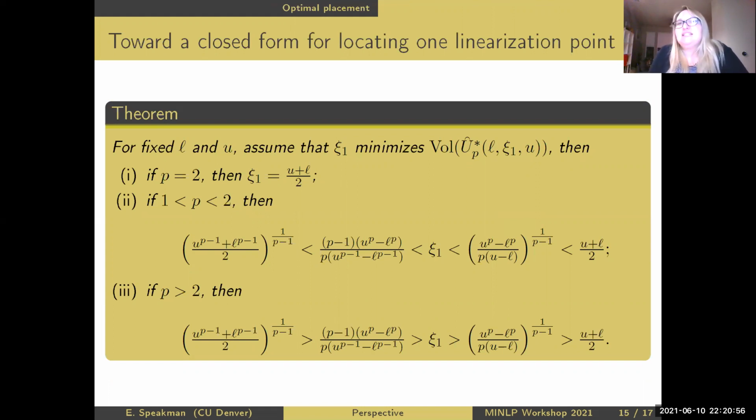Now, there's a lot more details in the paper and a lot more analysis on how good these bounds actually are. But the thing I just want to point out here, as I'm very close to the end of time, is as you would expect when P is between 1 and 2, the optimal placement for this one linearization point is to the left of the midpoint. When P is greater than 2, it's to the right of the midpoint.